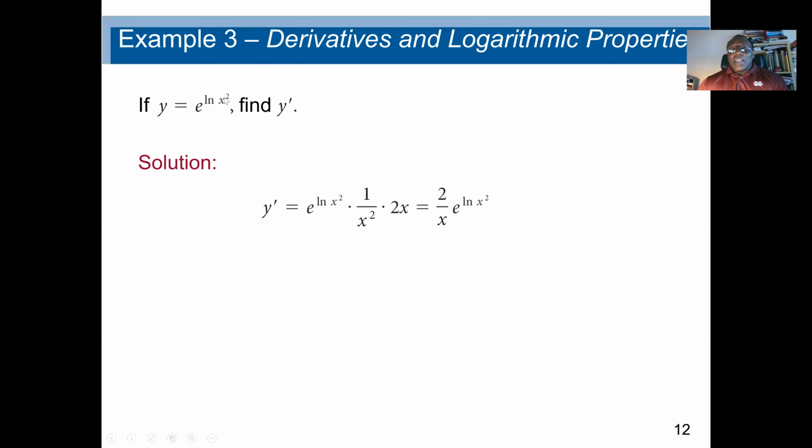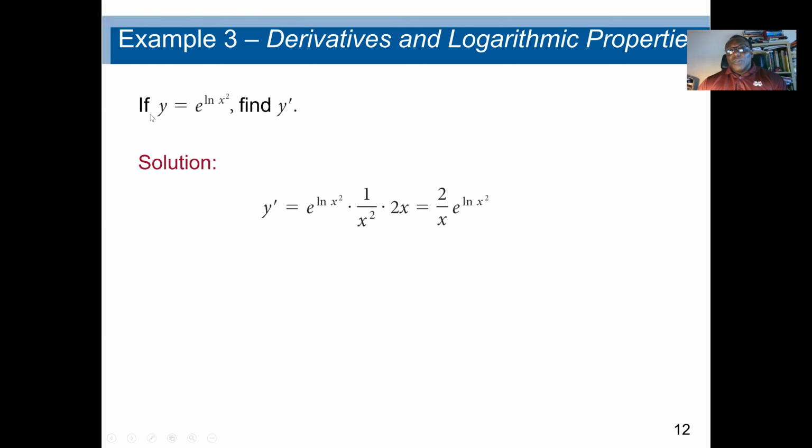Then we have another chain rule: the derivative of x squared will give us 2x. So we get e to the power natural log of x squared, times 1 over x squared times 2x, which is another chain rule for the natural log. So finally, our answer will be 2 over x, because we cancel one x here, times e raised to the power natural log of x squared.